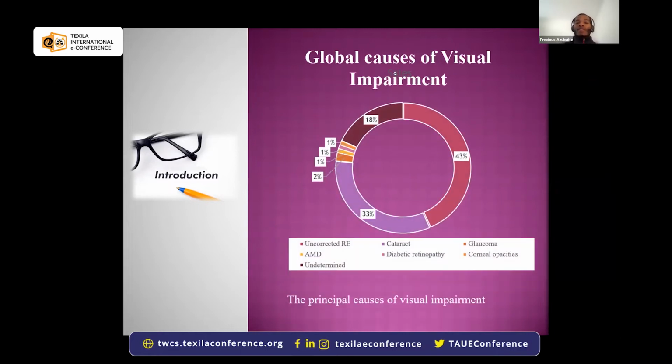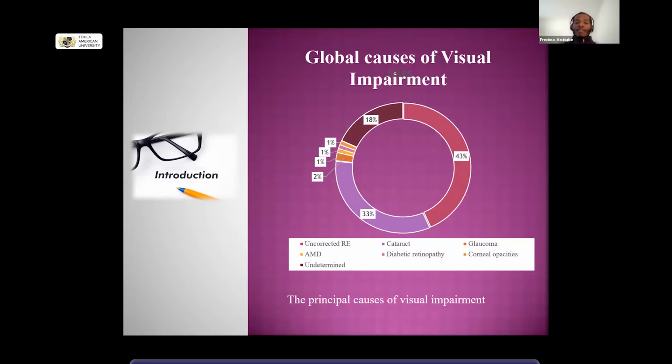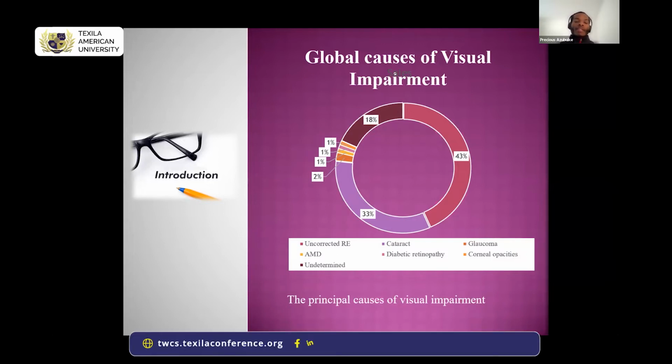The global causes of visual impairment have been noted. We have uncorrected refractive error, which is a major contributor. We have cataract and glaucoma. Glaucoma contributes about 43%. Cataract contributes about 33%.